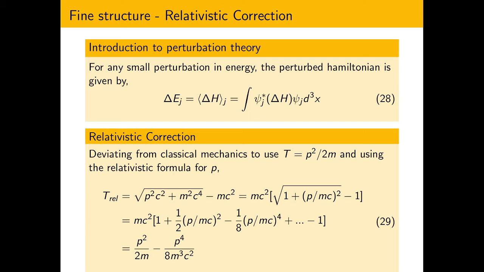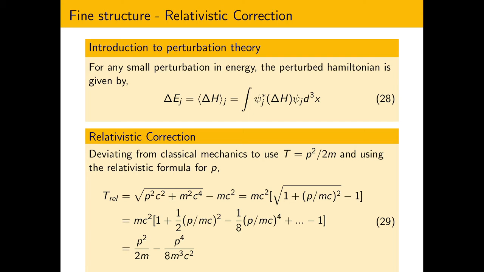To approximate how much this change in our Hamiltonian changes our energy, we can directly take this result right here: delta Ej equals the expectation value of the change in Hamiltonian, delta H. This is called perturbation theory. I'm not going to delve too deep into this because we're a little short on time.